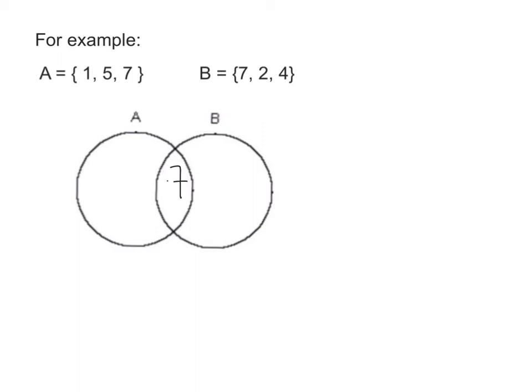As you can see, 7 is in set A, this is set A, and 7 is in set B, which is here. So we need to put it in the middle, in the intersection. Then 1 and 5 in set A, and 2 and 4 in set B.